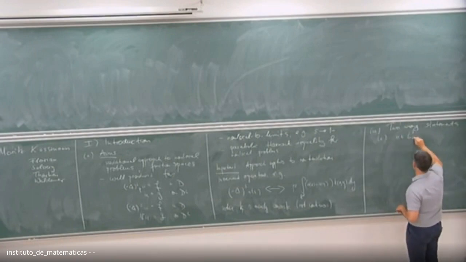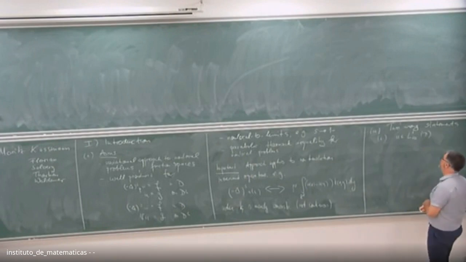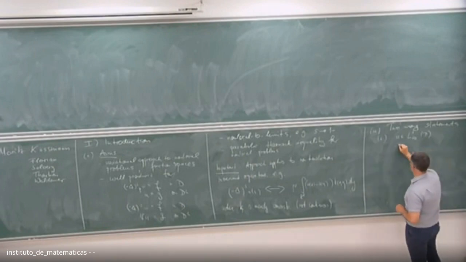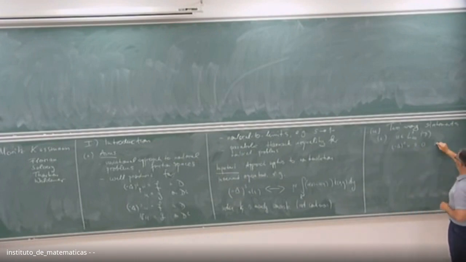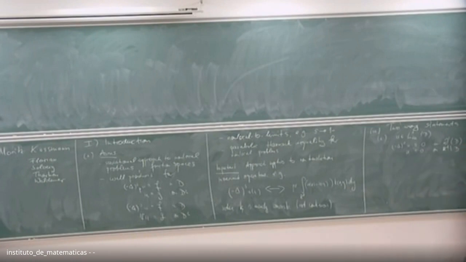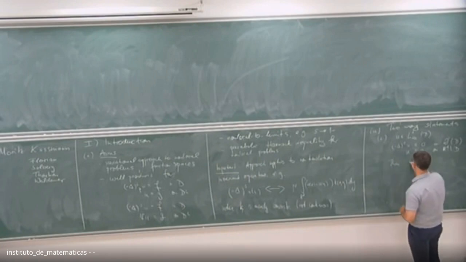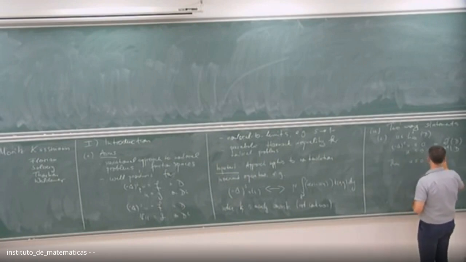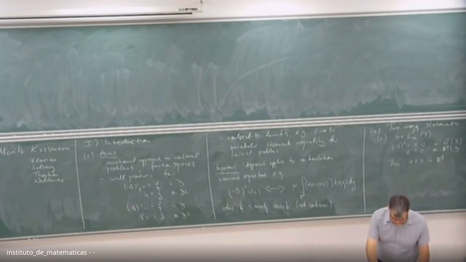Take a bounded open set D, take an L1 loc function u, assume that it is subharmonic in the sense of distributions. That means tested against smooth functions with compact support. And assume u is less or equal to 0 in the complement, then... so this is wrong.